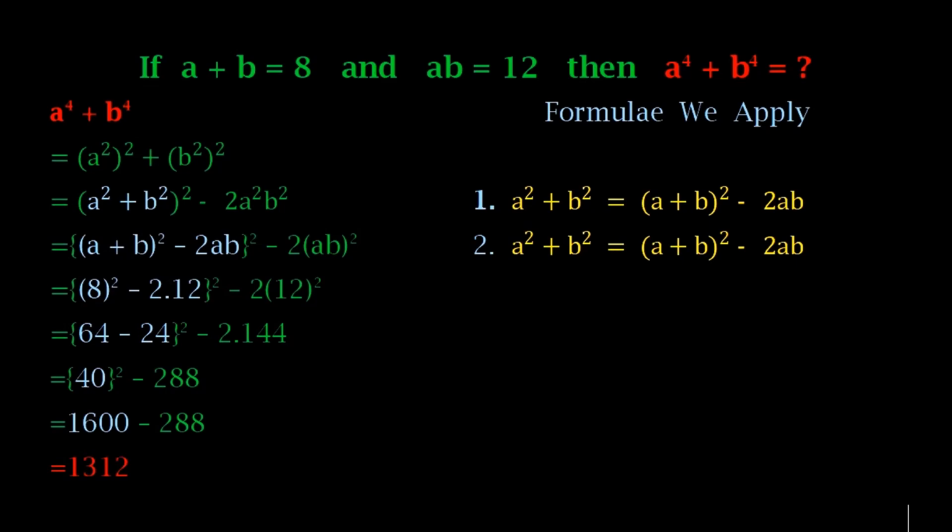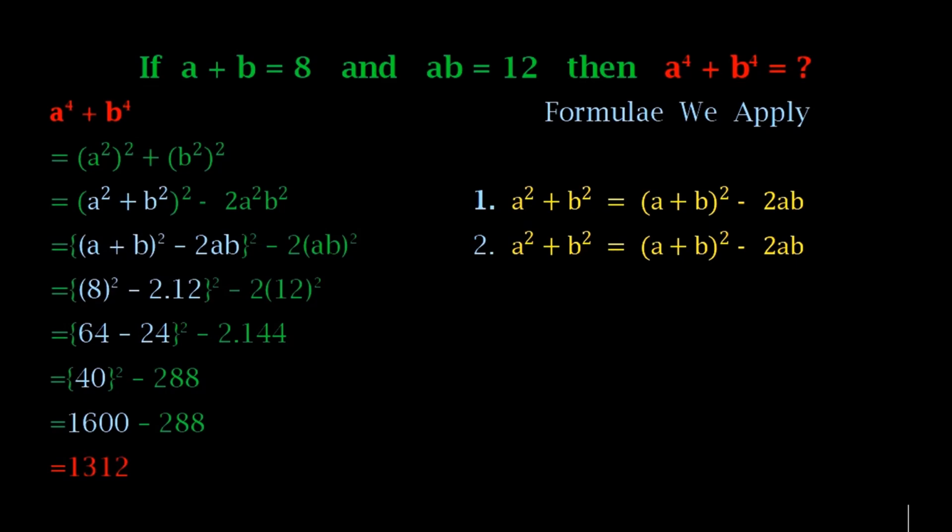The value of ab is given, the value of a plus b is given, and outside of the second bracket we have 2 into (a square into b square). From this we can write 2 multiplied by (ab) whole square, as the index is the same for both a and b, so we can place them inside the bracket and put the square outside.